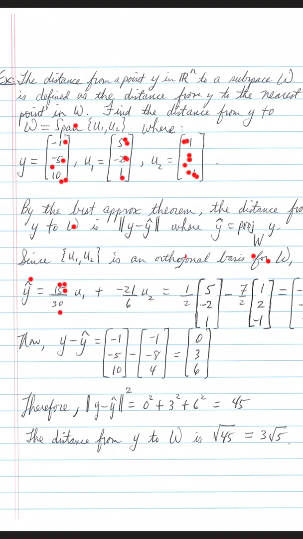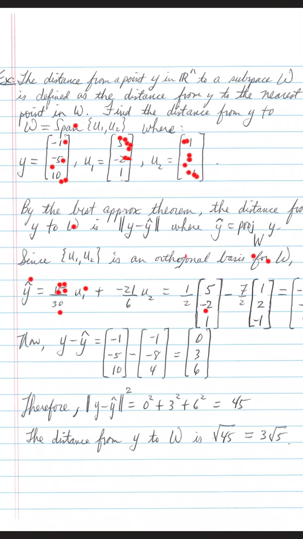The denominator is u1 dotted with itself: 5 times 5 plus negative 2 times negative 2 plus 1 times 1. 25 plus 4 is 29 plus 1 is 30. This other fraction, I'm going to hold off. We're just going to grab that vector u1 and drag it down.